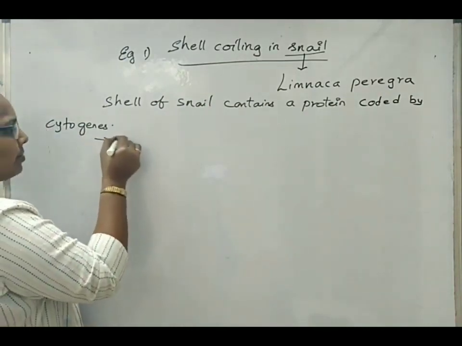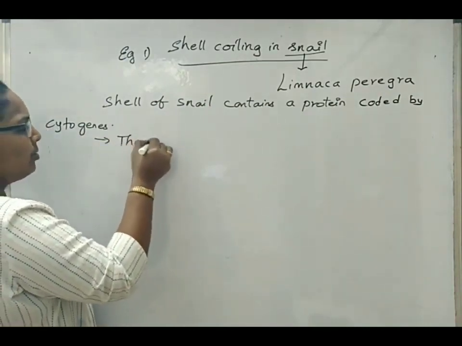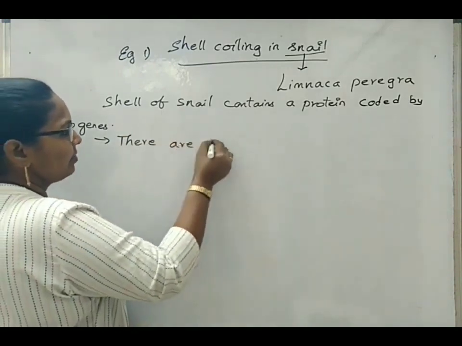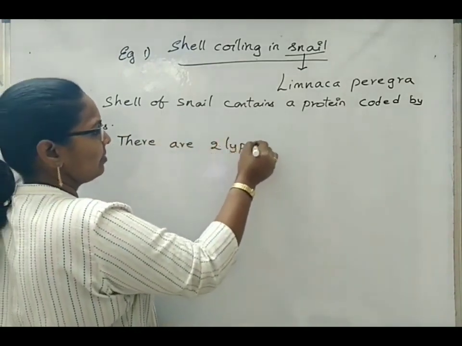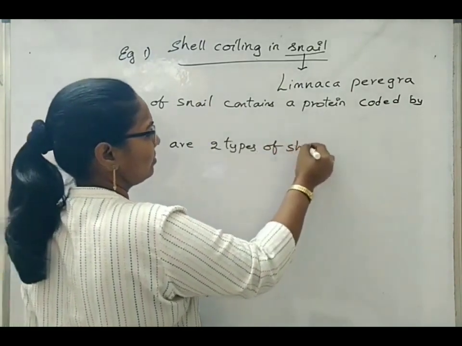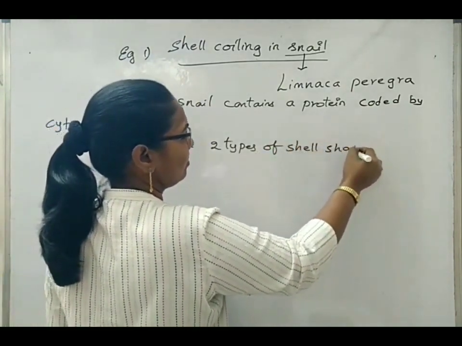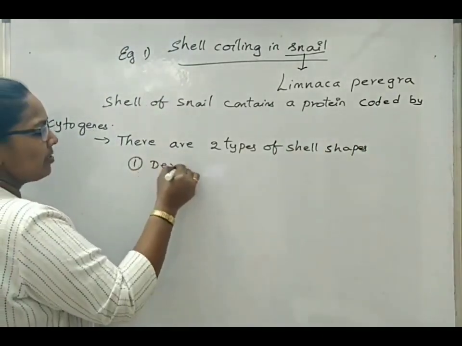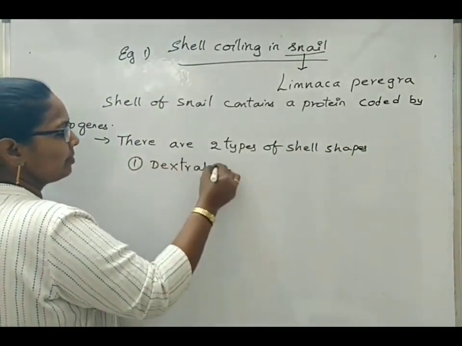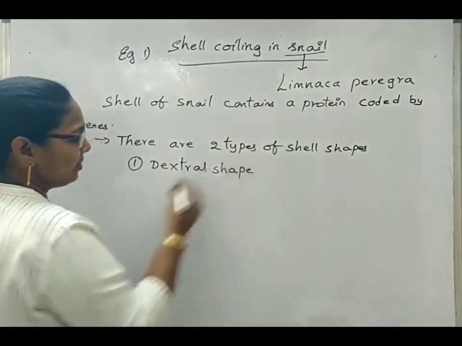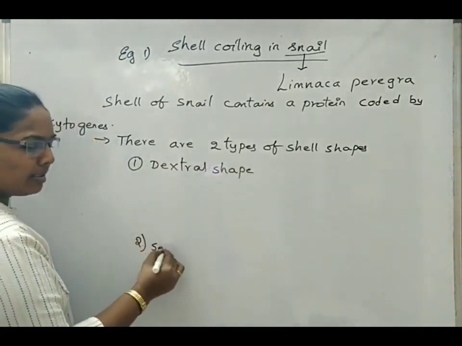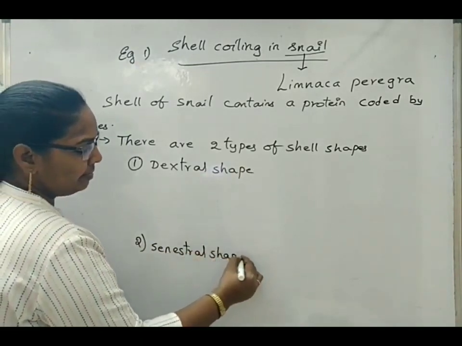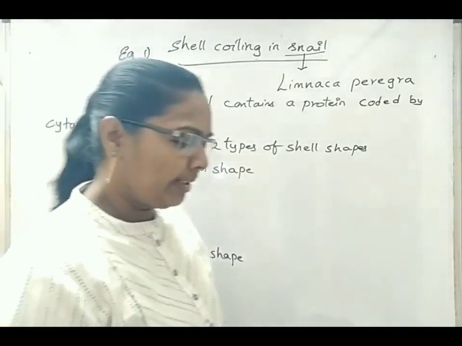So, there are two types of shell shapes. One is called dextral shape. Another is called sinistral shape. Now, what is meant by dextral shape?